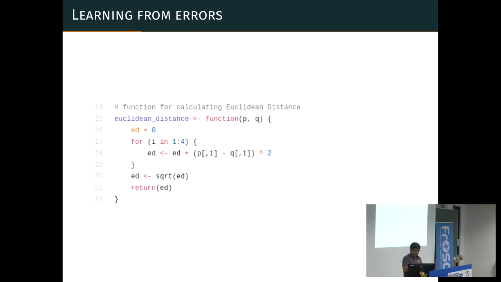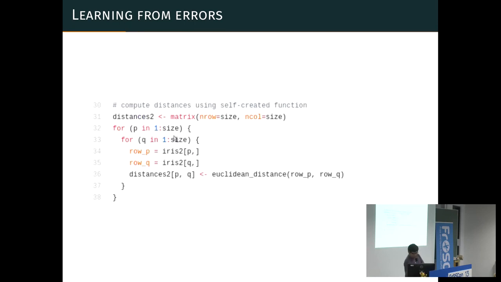Also, this is my Euclidean distance implementation. This code was able to do what it was supposed to do, but it was taking a lot of time. So I didn't start in this way because I didn't know the vectorization.